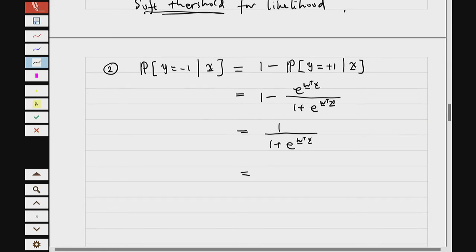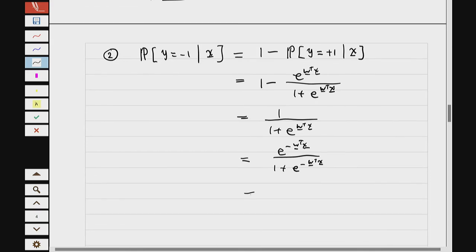We divide e^(w transpose x) again on numerator and denominator. Then we have e^(minus w transpose x) on top, and here is 1 plus e^(minus w transpose x), right? Why do we write it in this form? It should be obvious. Now this is just theta of minus w transpose x.